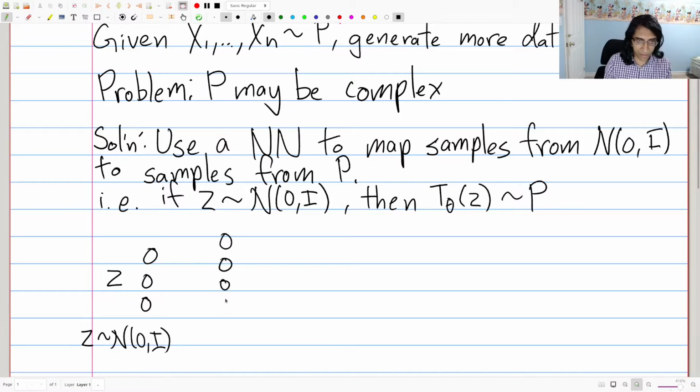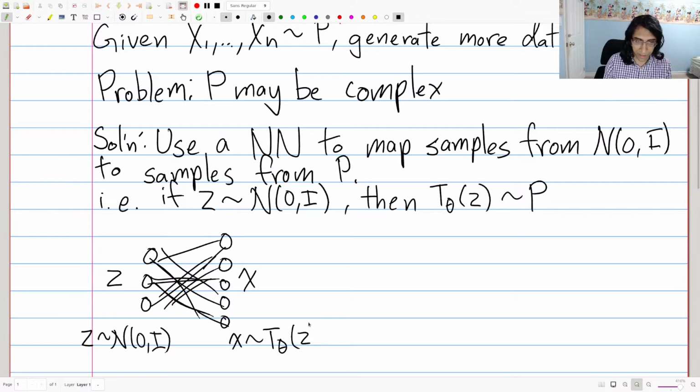This might be a multi-layer network, but I'm just going to draw it as a single layer network for brevity. So something like this. There's a neural network, there may be some nonlinearities, maybe multiple layers and so on, but it'll produce some vector X, where X is T of theta of Z.